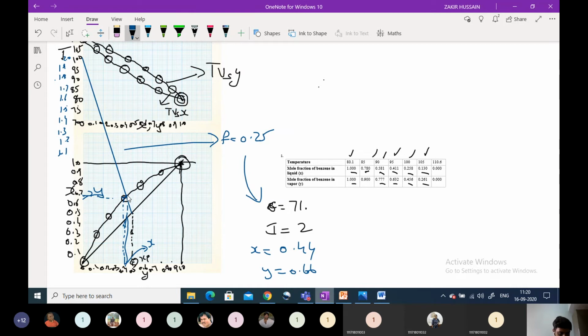Here this point will take shape, where this point will touch the equilibrium curve, this T versus x curve. That point is important. From there we can project here.